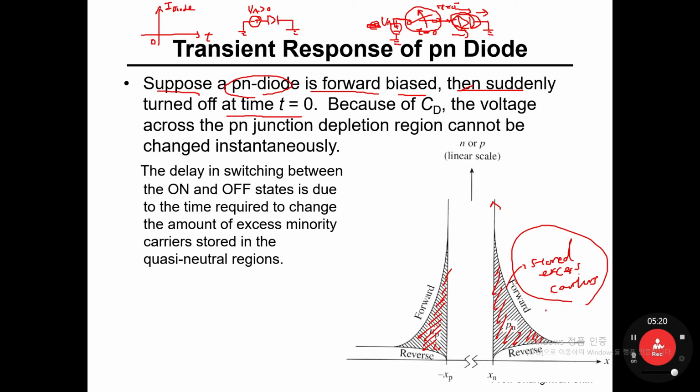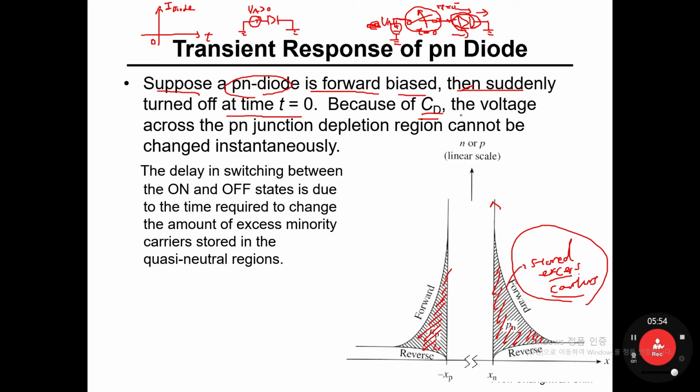Okay, so why are these excess carriers stored in these quasi-neutral regions? We can say that it is because of the diffusion capacitance component. This diffusion capacitance, C sub D, is why the voltage across the PN junction depletion region cannot be instantaneously modified. That is the main physics of why the diode cannot be turned off abruptly and suddenly.